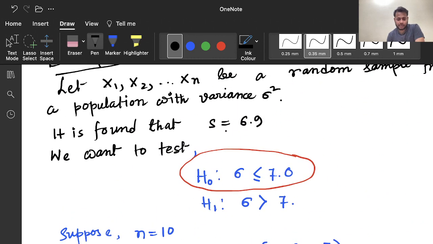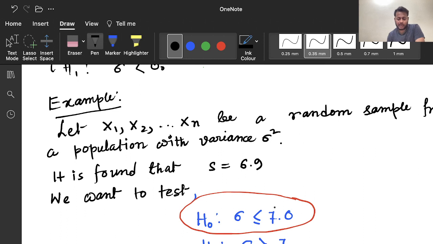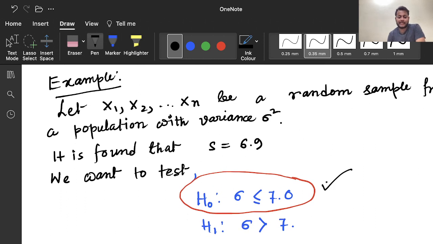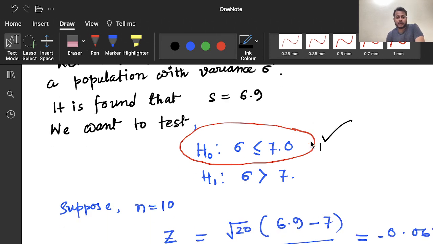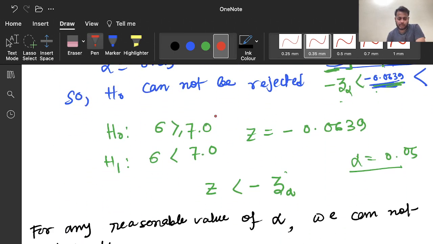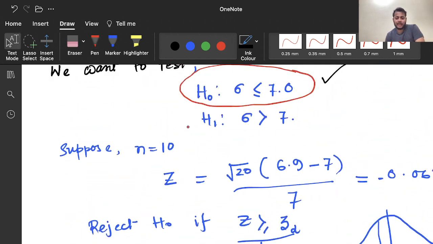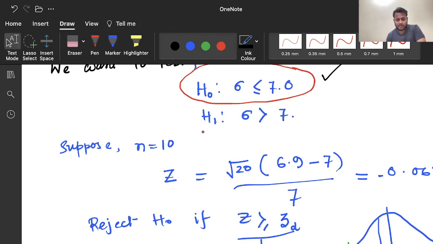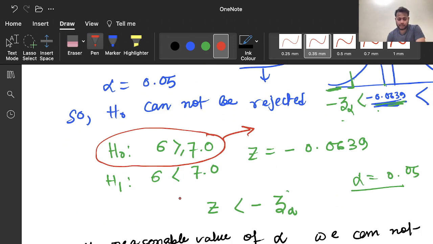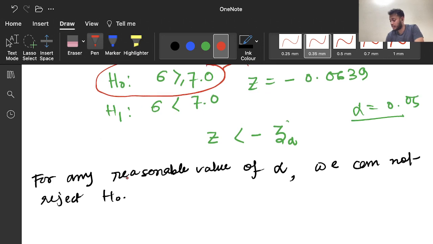Since we cannot reject the null hypothesis, we concluded that sigma should be less than 7.0. Now if we change our hypothesis to this, we will say that we cannot reject sigma greater than 7.0. So from one set of hypotheses sigma is less than 7 and from another set sigma is greater than 7. This cannot be possible.